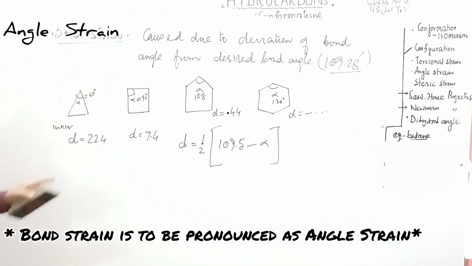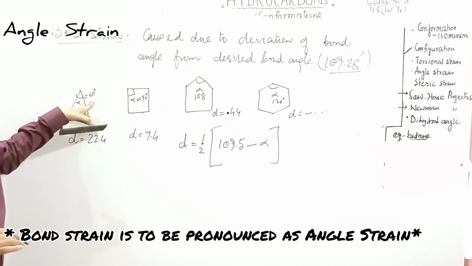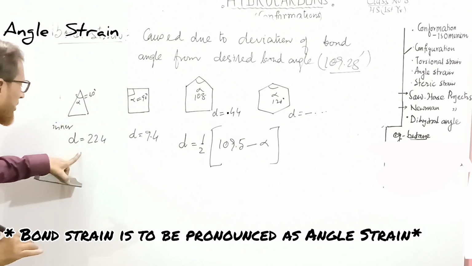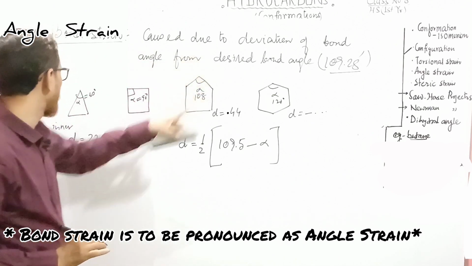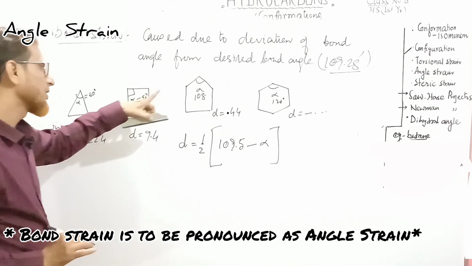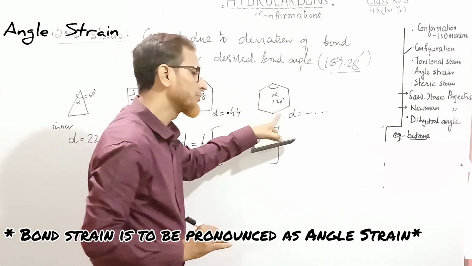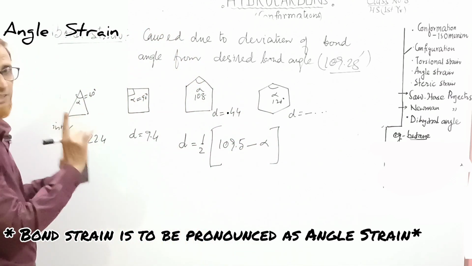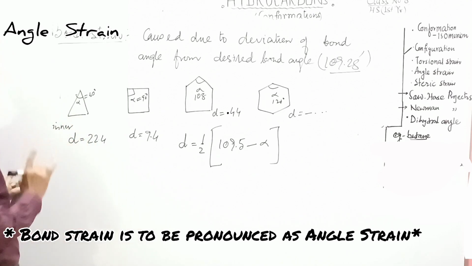So you see, the smaller the bond angle, the greater the deviation. The greater the deviation, the lesser the stability. So this is least stable. It will be highly reactive. From this, it is more stable. From this, it is more stable. So the greater the deviation, the lesser the stability, the more the reactivity.